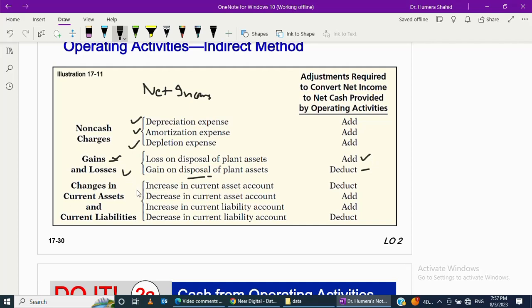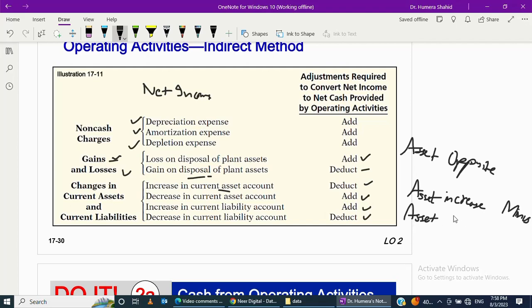Then current assets and current liabilities. If your current assets are increasing, you're going to minus them. If they are decreasing, you're going to add them. If the liabilities are increasing, you're going to add them. If the liabilities are decreasing, you're going to minus them. So assets behave opposite. Asset increase, opposite action, minus it.